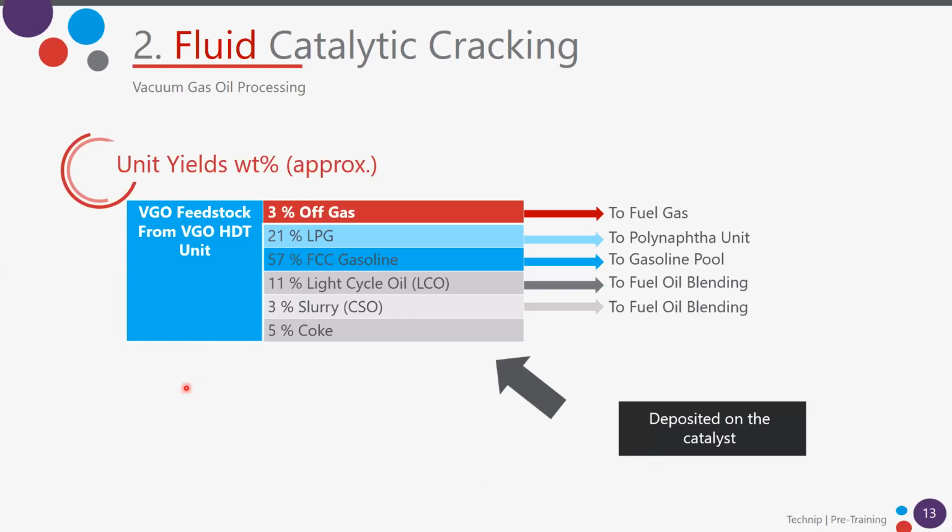So these are more or less the yields of the unit, okay? For every 100, you will have this distribution of product, more or less. This is to show that this is quite an important percentage of the feedstock that will be converted to gasoline.